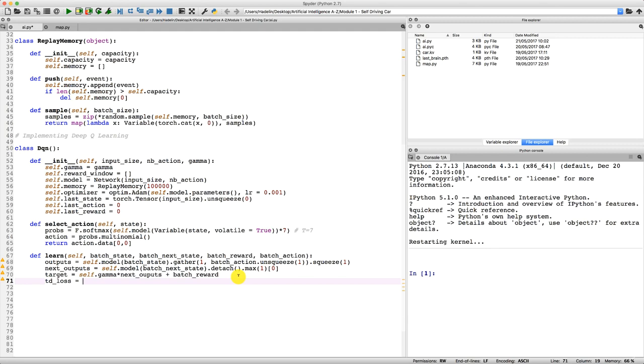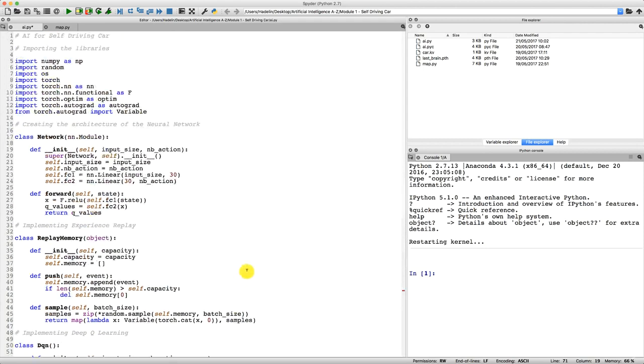And this TD loss is going to be equal to the Huber loss. That improves much the Q-learning. That's the loss function we will choose for our artificial intelligence. For those of you coming from the deep learning course, that's really the loss I recommend if you want to implement deep Q-learning. And so how are we going to get this Huber loss?